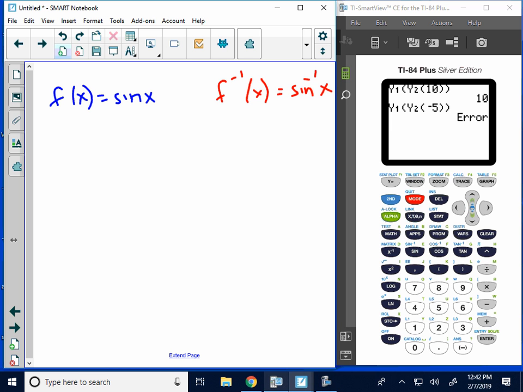So when we drew a picture of this, we noted at the very beginning of what we were doing, we had this wave, and we said we cannot find the inverse of that because it's not invertible. It is not one-to-one. And we had to restrict the domain, so we only looked at that part of the wave. That was the only part of the wave we considered, and we got rid of all the other bits of the wave.